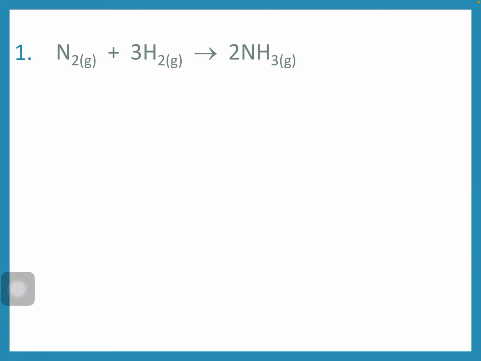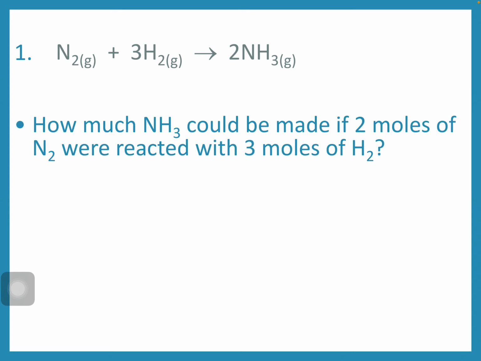So Haber process again, nitrogen and hydrogen combine to make ammonia in the ratio of 1 mole of nitrogen for every 3 moles of hydrogen to create 2 moles of ammonia. So how much ammonia would be made if 2 moles of nitrogen react with 3 moles of hydrogen?